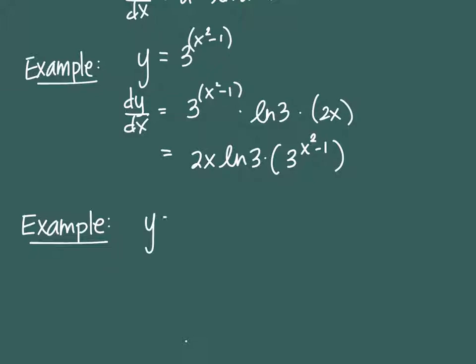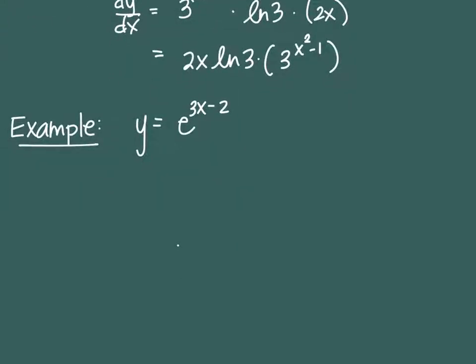So another example might be e itself, e to the 3x minus 2. That's the constant. Just like the number 2, just like the number 3, that is considered an exponential. So dy dx, its derivative would be e to the 3x minus 2 itself, multiplied by the natural log of the base value of e, multiplied by the chain rule of the number 3.